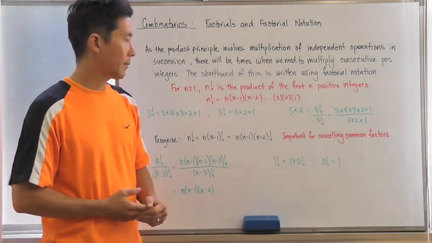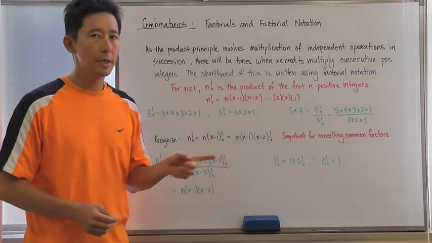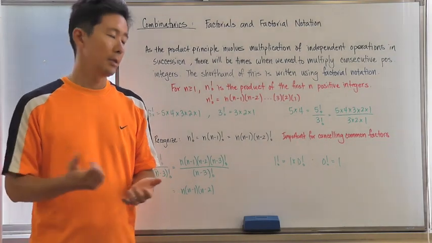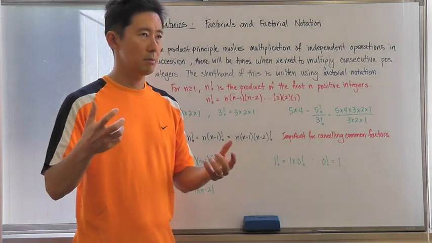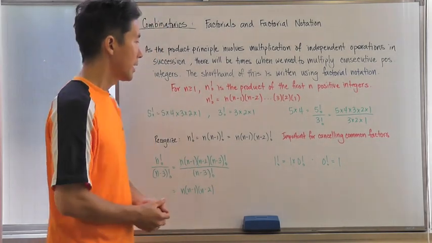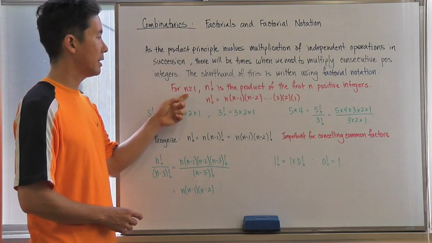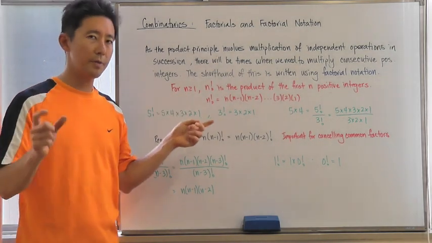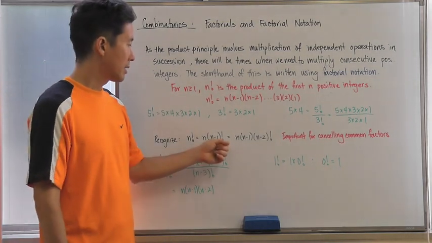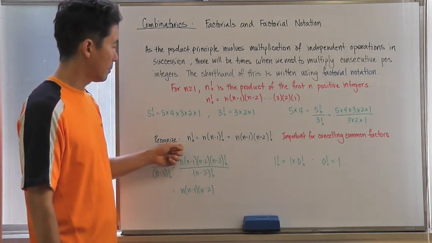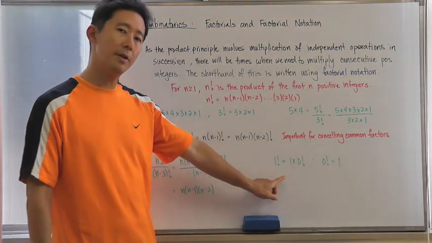Now, the one thing that we didn't mention is, if this is for n greater than or equal to 1, what is 1 factorial? 1 factorial is just equal to 1. There you go. But this doesn't say anything about 0 factorial, which oftentimes does appear. So we're going to have to define it using this particular fact here. Just follow the logic.